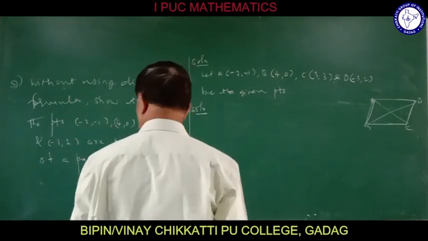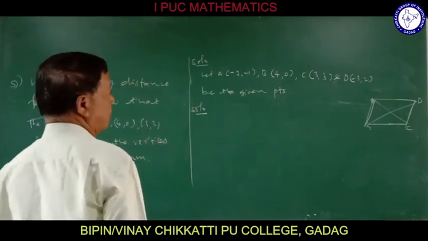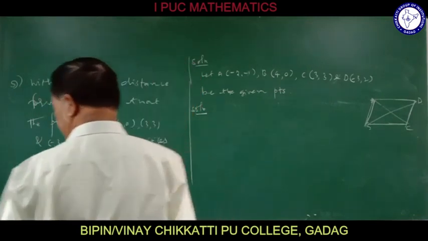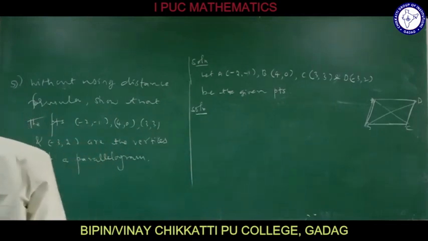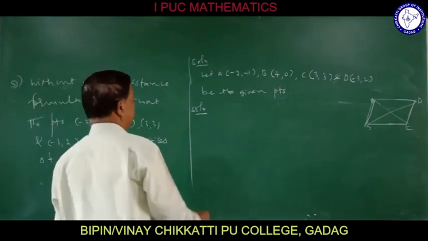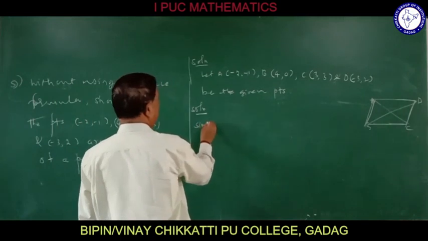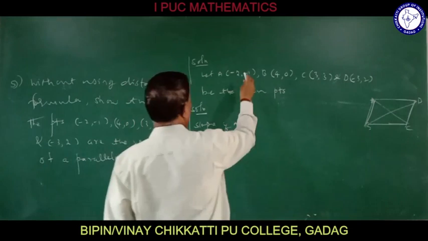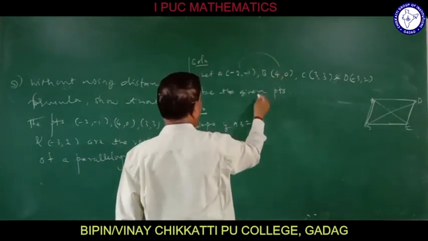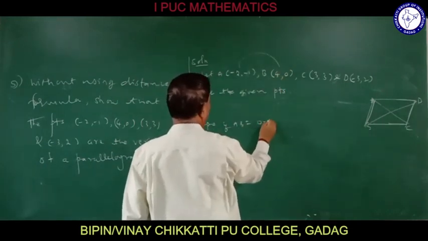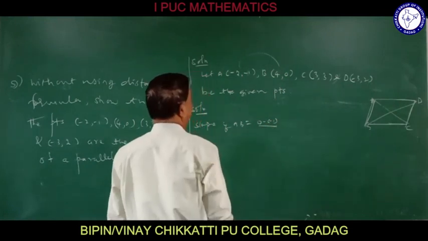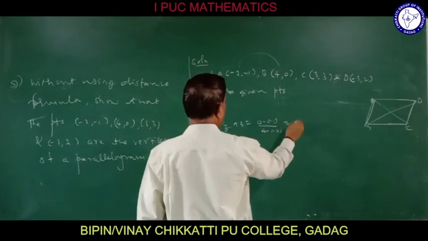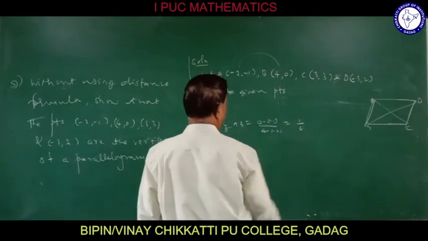So if it is a quadrilateral, the slopes of the opposite sides are the same. So first, what I do now is find the slopes of all four sides. Slope of AB is equal to y2 minus y1, 0 minus of -1, divided by x2 minus x1, 4 minus of -2, that is 1 divided by 6.